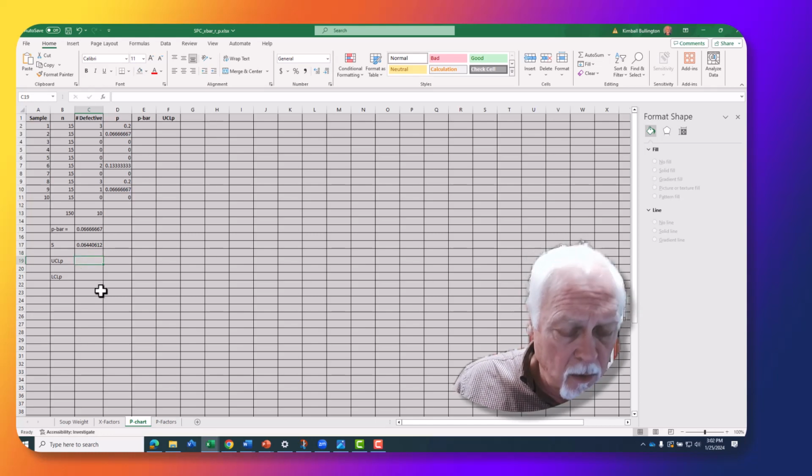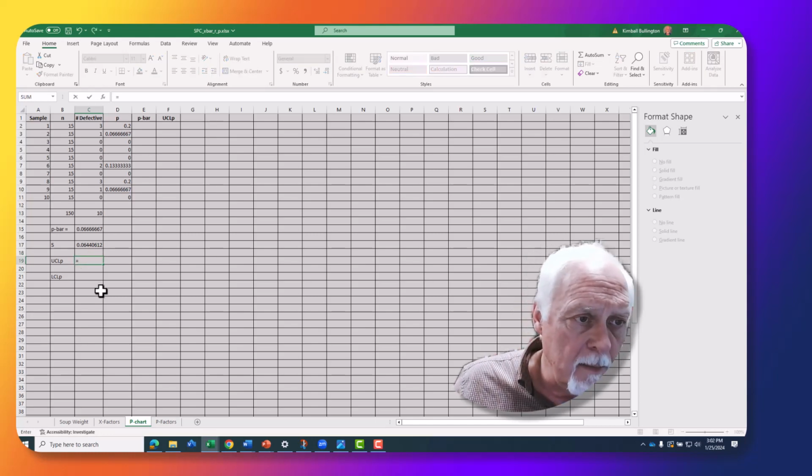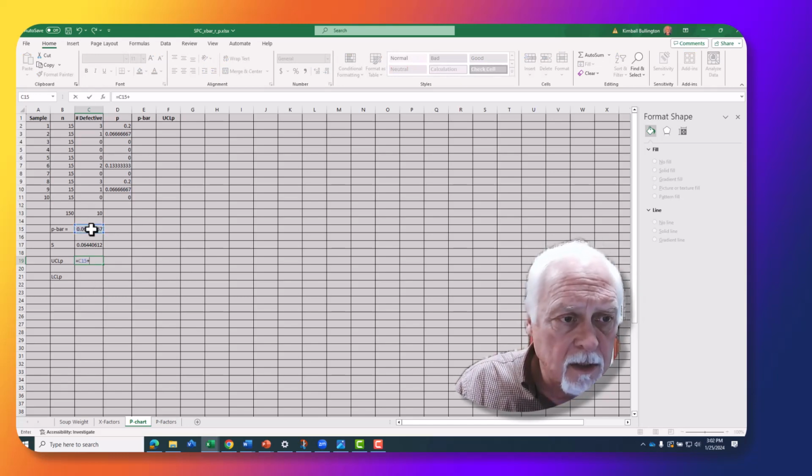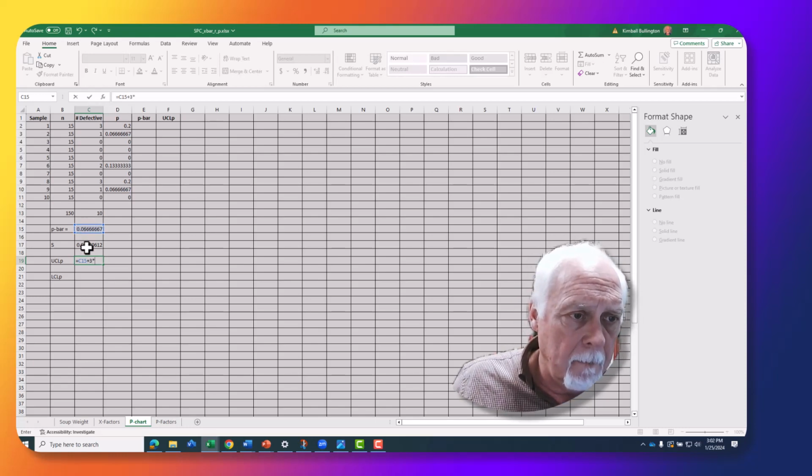And then our upper control limit is simply P bar plus 3 times S.